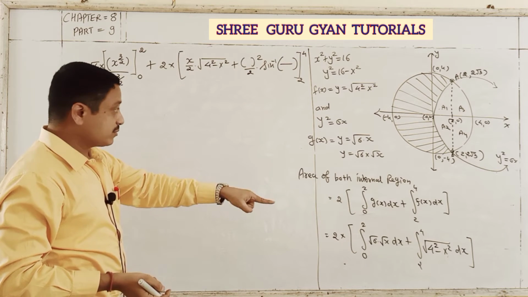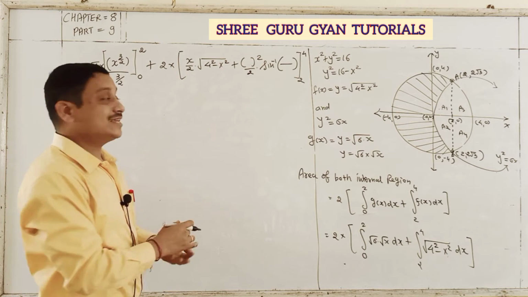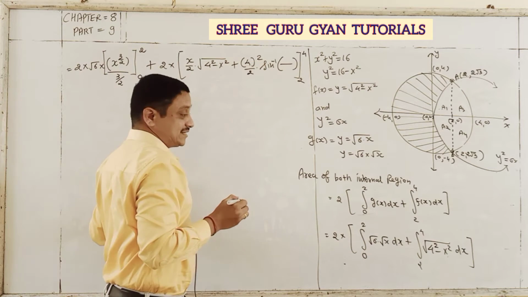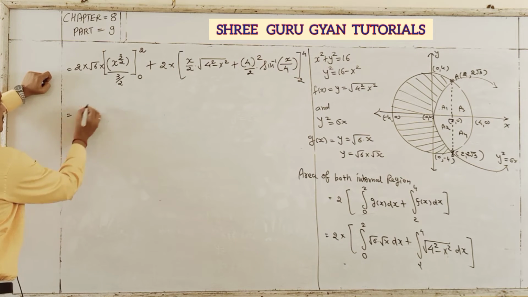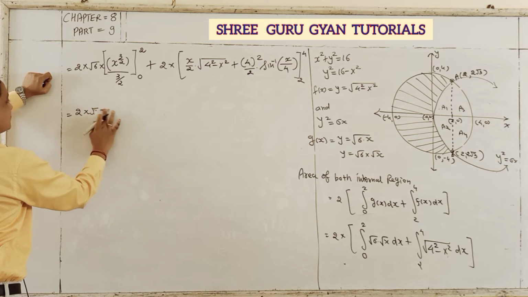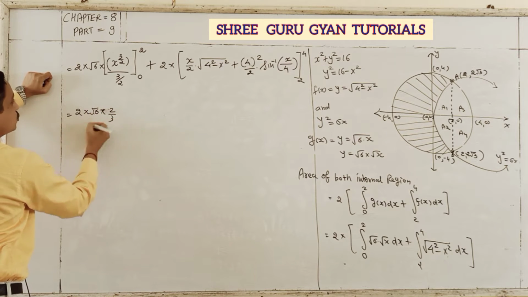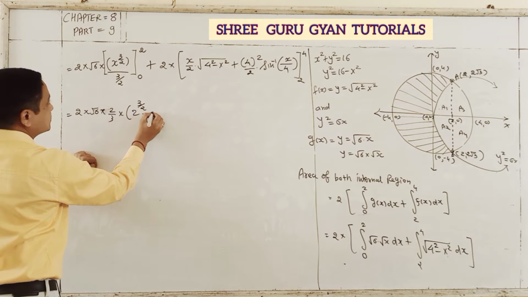Again repeat, for 4 square minus x square it is x by 2 under root 4 square minus x square plus a square, where a square is 4, by 2 sine inverse x by a, x by 4. So students, simplify the limits. 2 times root 6 as it is, it is 2 by 3, and here apply 2 raised to 3 by 2 minus 0.